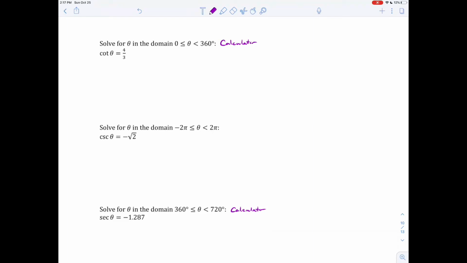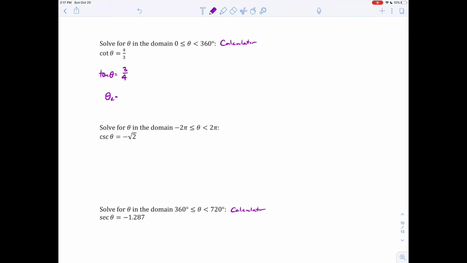But how would we solve if cotangent of theta is 4 over 3? Well, my calculator doesn't have cotangent or cosecant or secant buttons on it. I only have sine, cos, and tan. So I'm going to say that tan theta is 3/4.